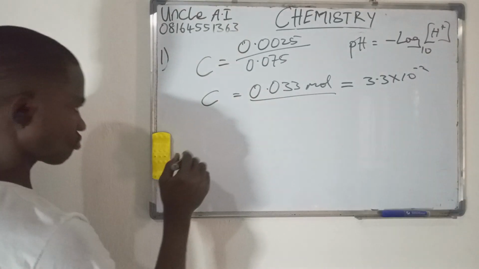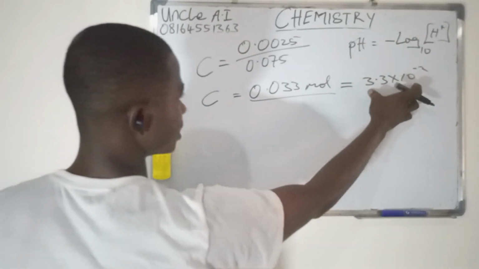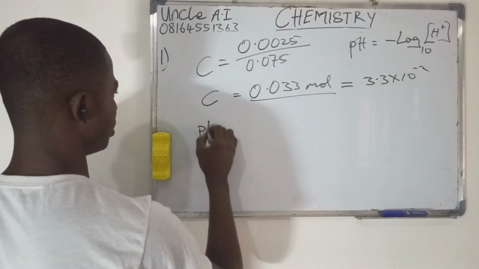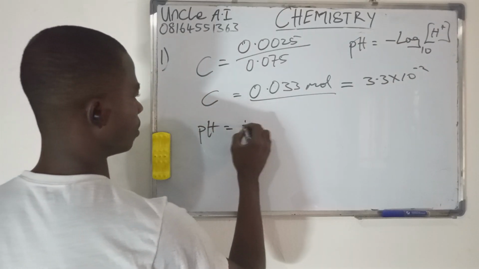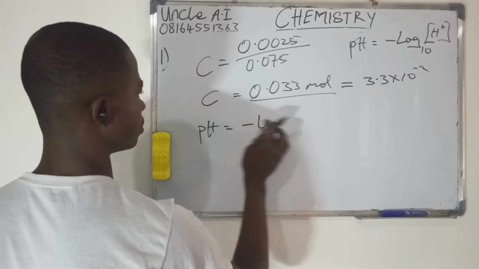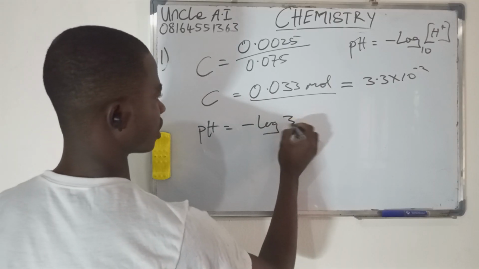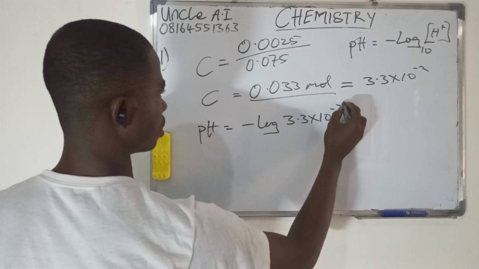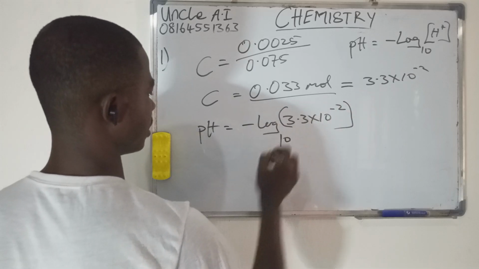Now, this is the hydrogen ion concentration. We substitute it in this formula. We have our pH equal to minus log of 3.3 times 10 raised to the power minus 2, all to base 10.